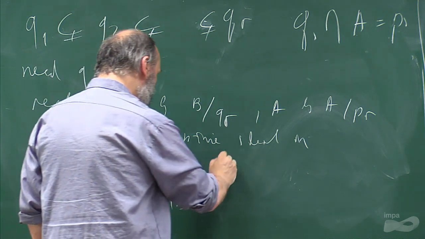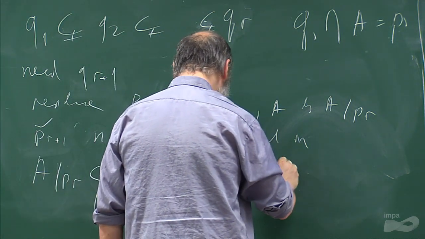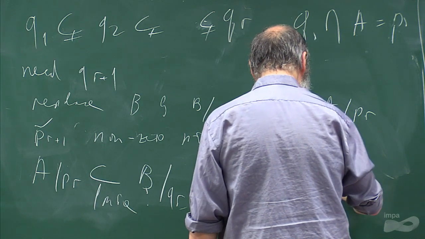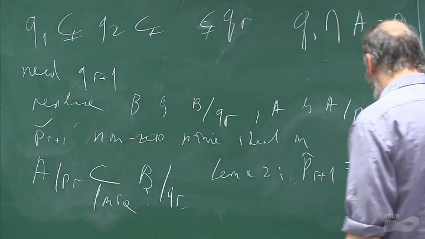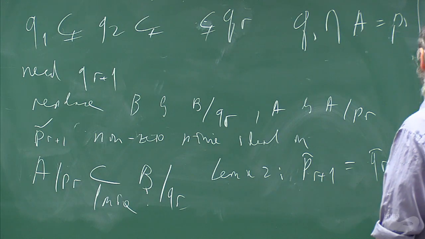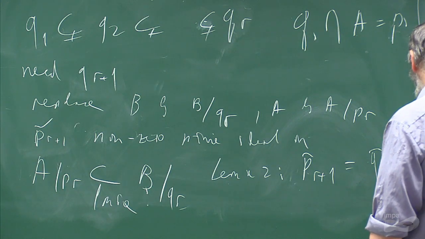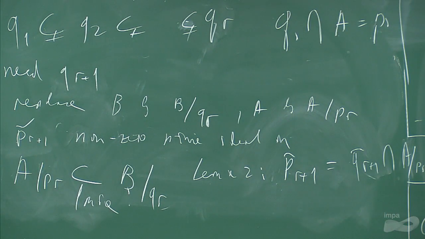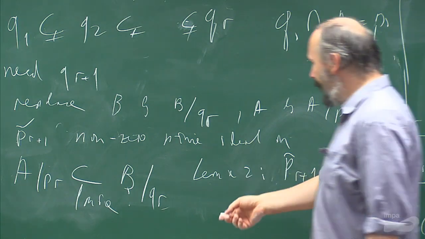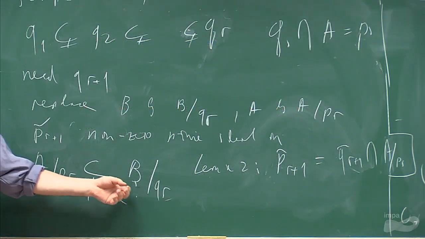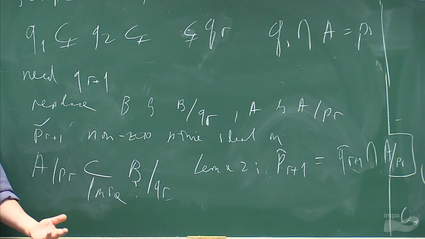So lemma 2: P tilde r plus 1 is Q tilde r plus 1 intersected with A quotient by Pr. You just apply it: you have two rings, you have an ideal there, you lift it to an ideal there, which is prime.